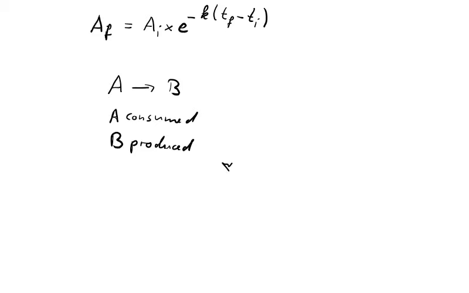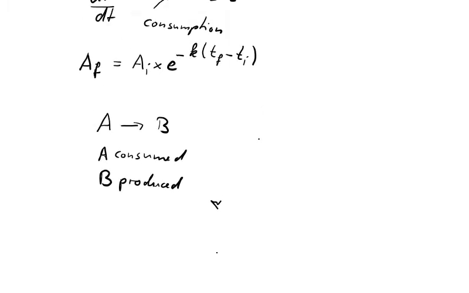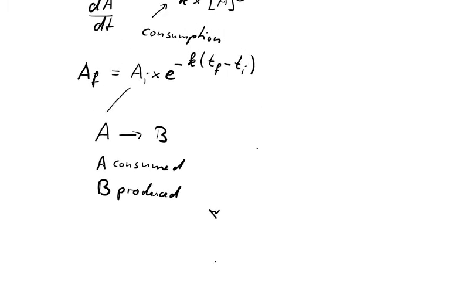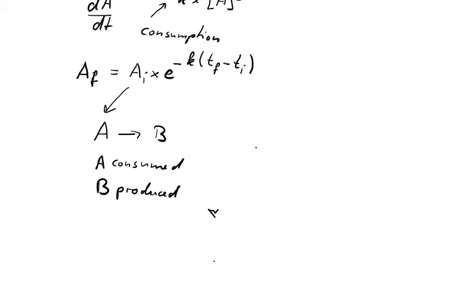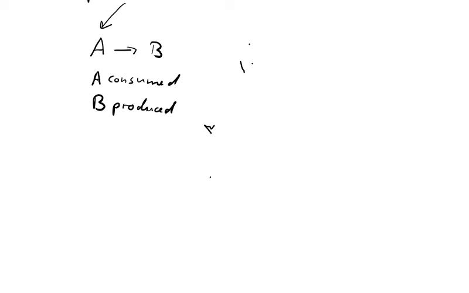So how can we write this actually? For A, it's very easy. We can say dA over dt, well, it's exactly what we had here for A. And if we look at the graphical representation of the whole thing, what does A mean again?